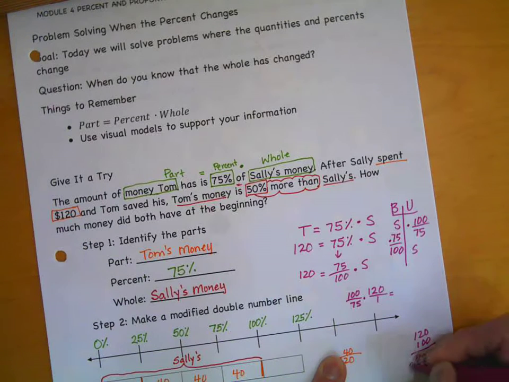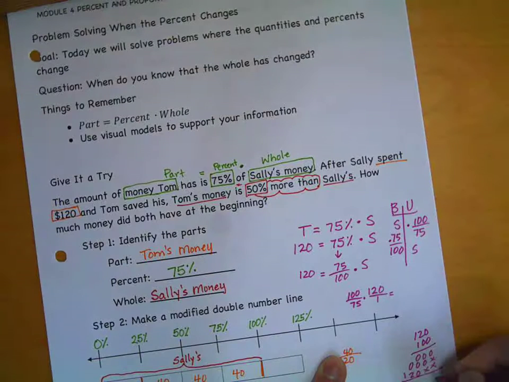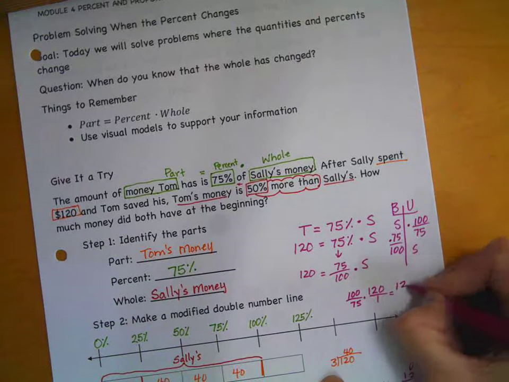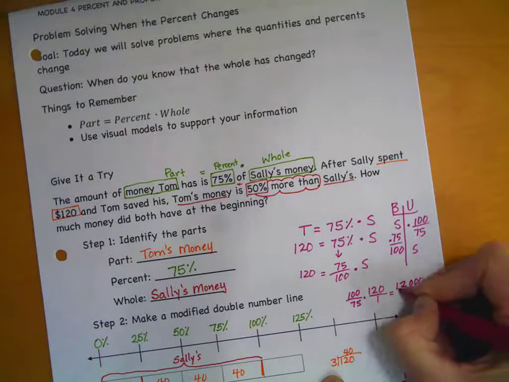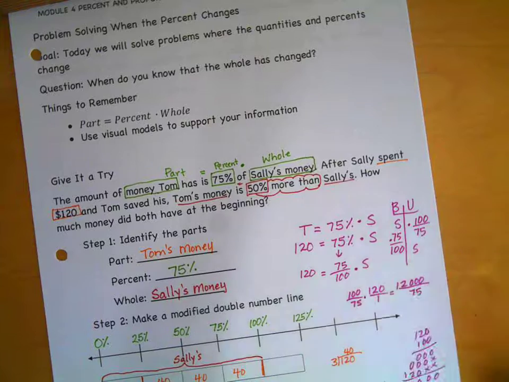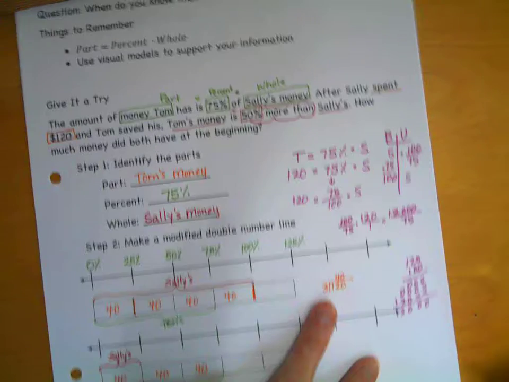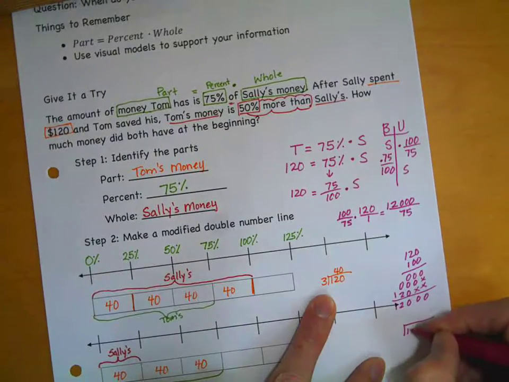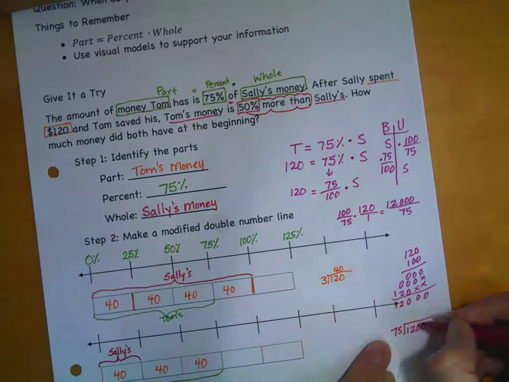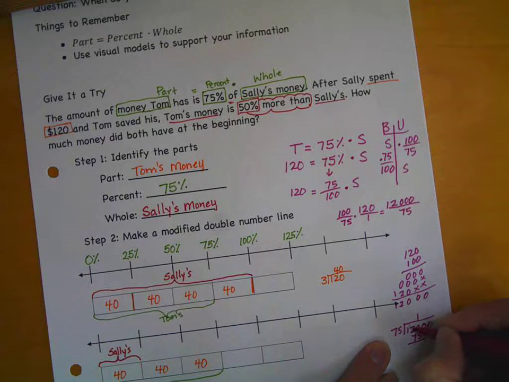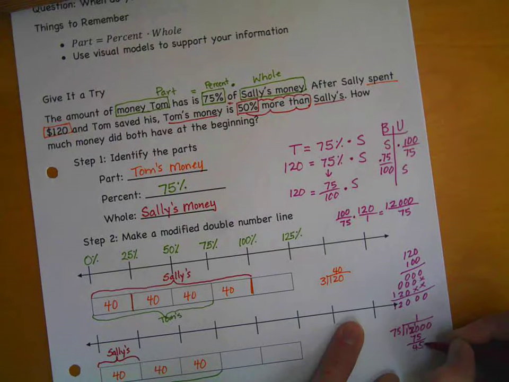So 12,000 divided by 75, and now I'm going to take 12,000 and divide it by 75, and I know that that can go in there one time. Subtract that, and that becomes that.